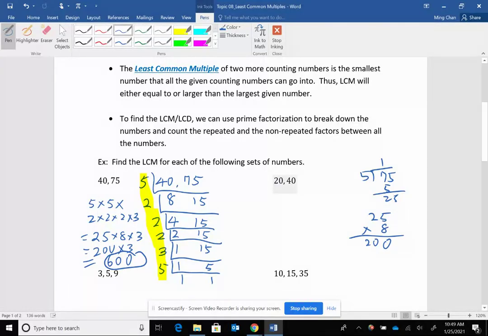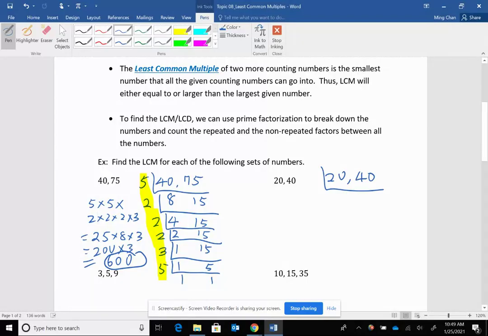All right, try again. We can use prime numbers or we can use any numbers here to break down our numbers. But the technique here is to try to break down both numbers at the same time. So here I can use 2 that can go into both 20 and 40. 5 can go into both 20 and 40.